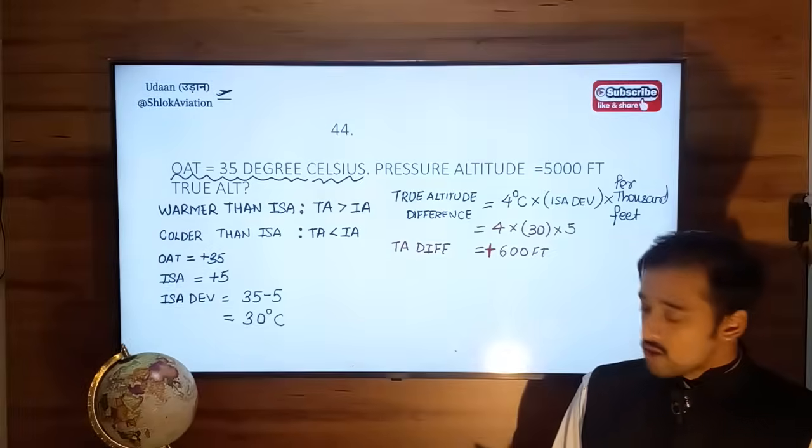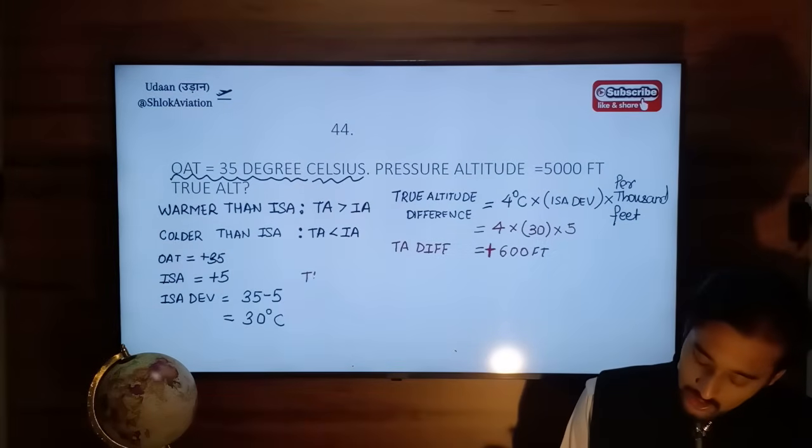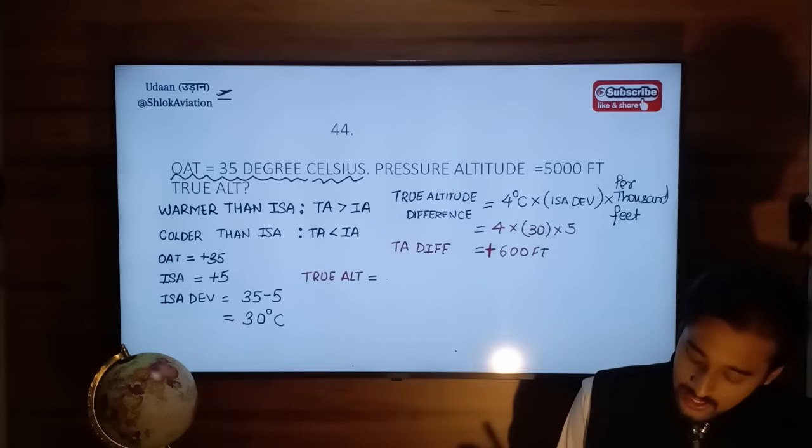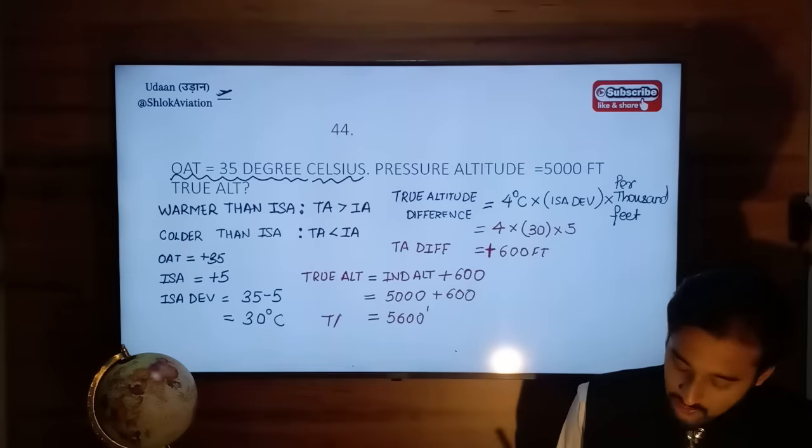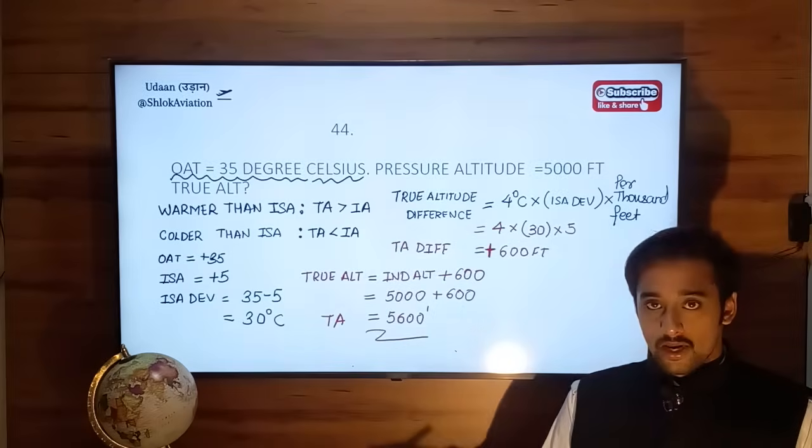So that means your true altitude will be the indicated altitude given in the question plus the difference of 600. So 5000 plus 600 is 5600 feet. So true altitude is 5600 feet.